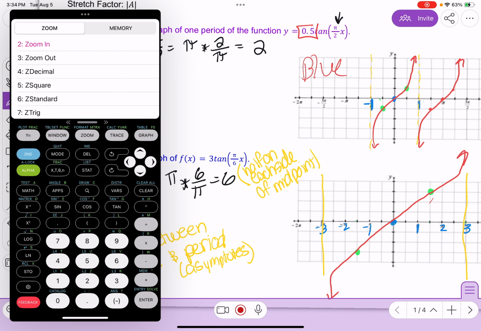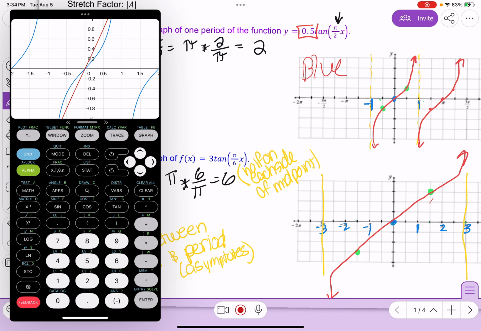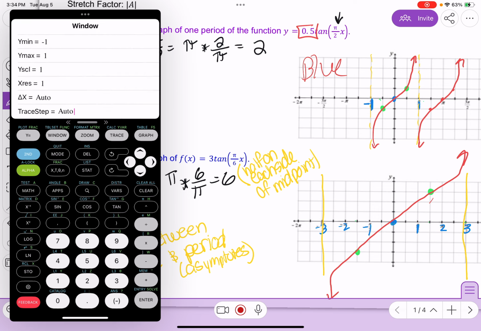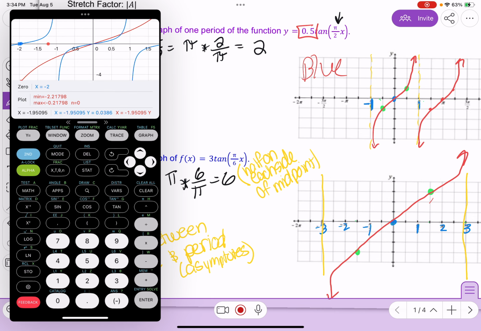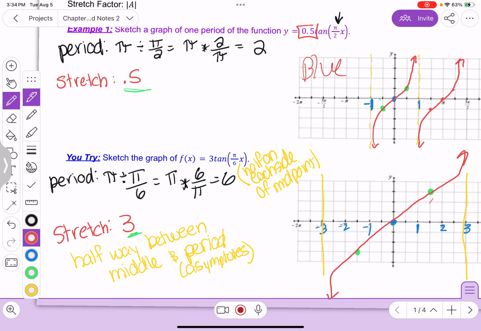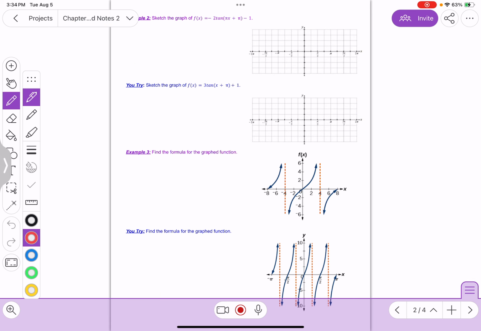If I try window -4 to 4, maybe. Yeah, we're getting a little bit of curve in that red there. It's just hard to get the window right when that's such a wide period. So they're hard to draw sometimes, but it's just so you can kind of see where it goes. So that's how that tangent works.